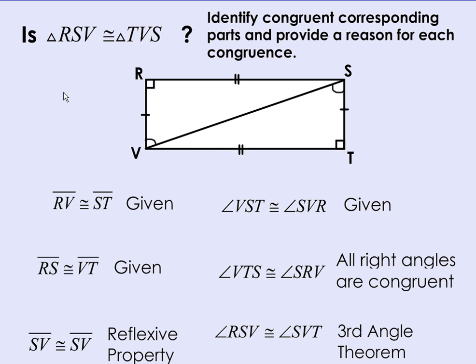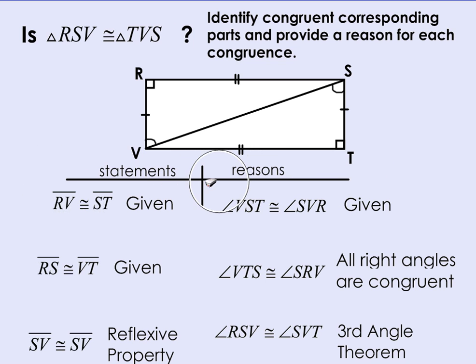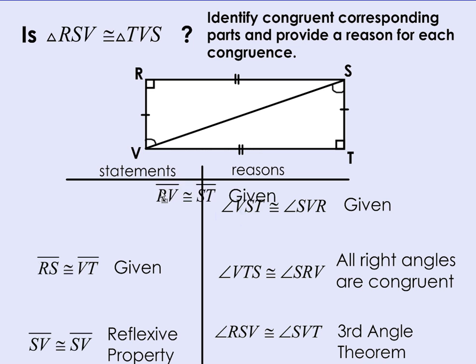Now, if we want to arrange this into a proof, all that we need to do is to first get our statements and reasons column going. And then we can move the statements that we've created to our statements and reasons.